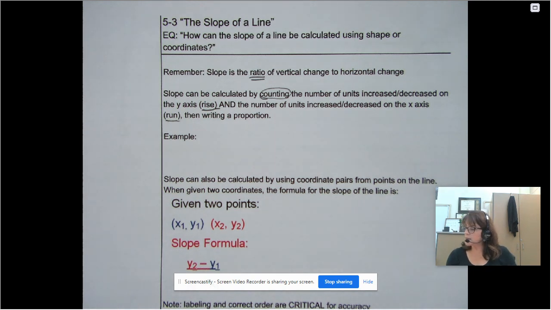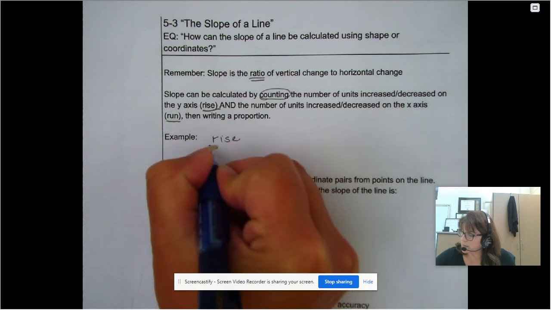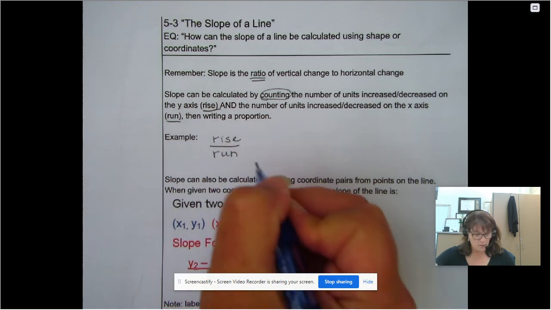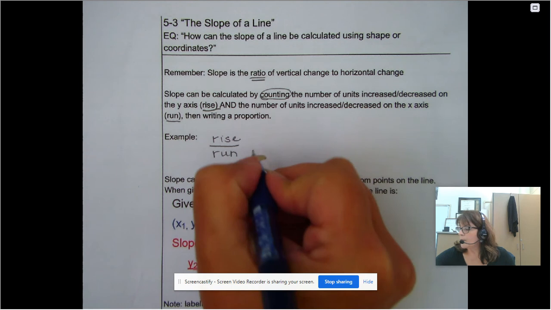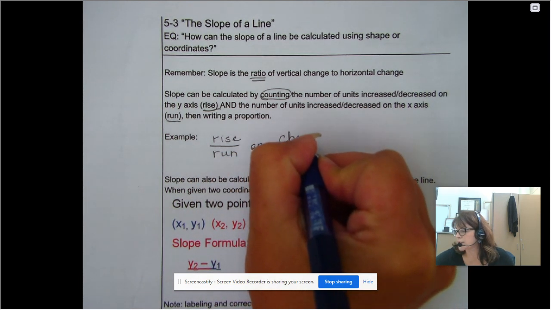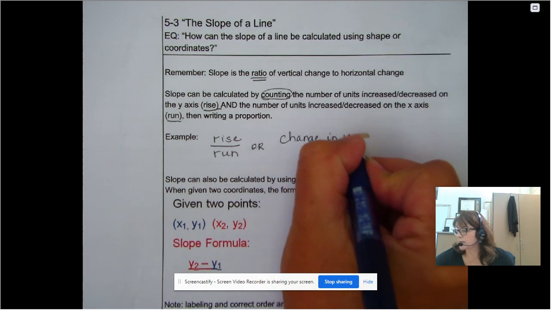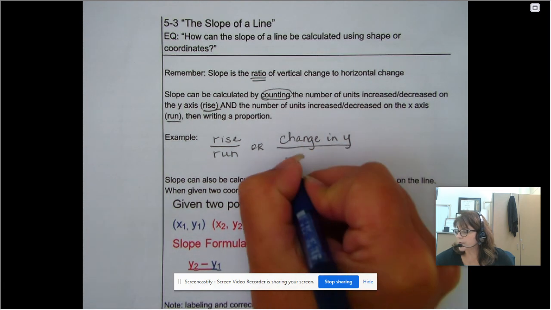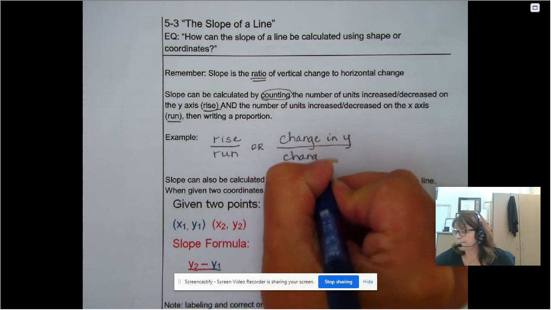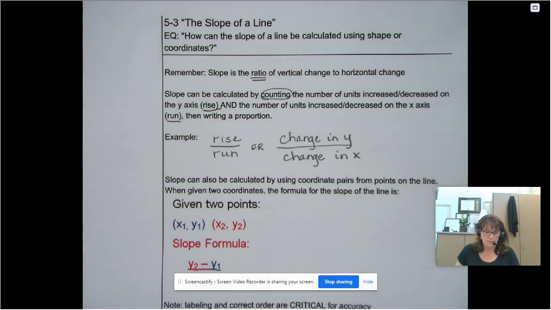So the example that I want to give you is rise over run. But really what we're looking at is the change in y values over the change in x values.